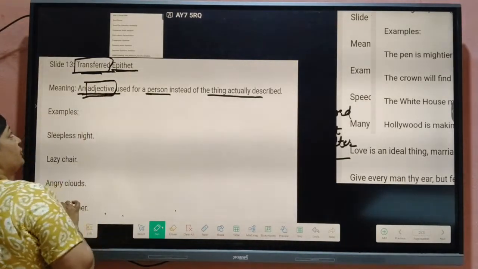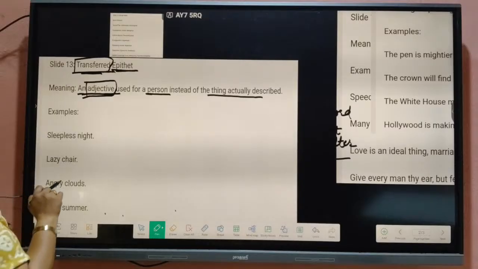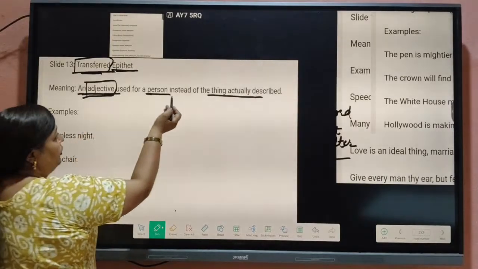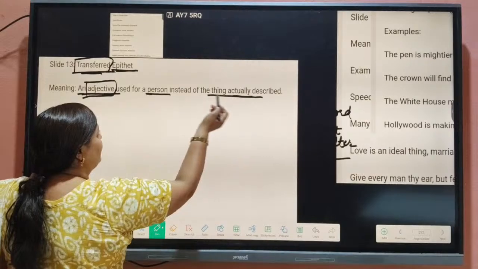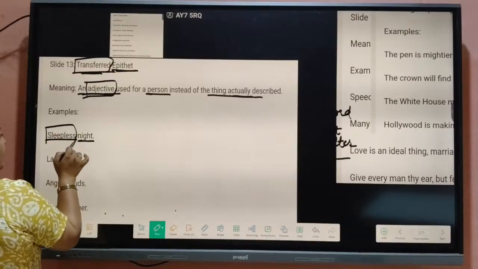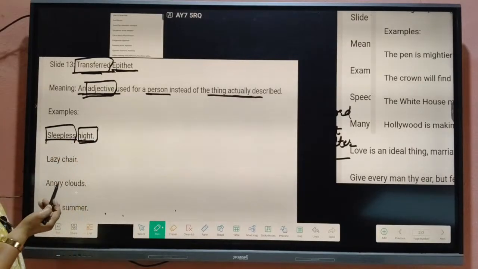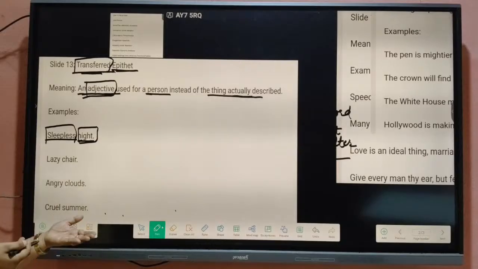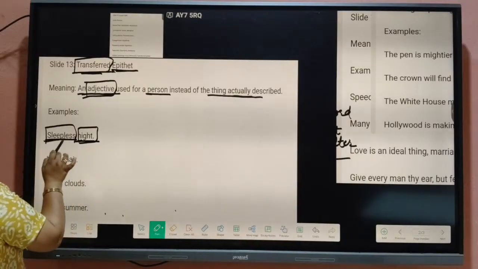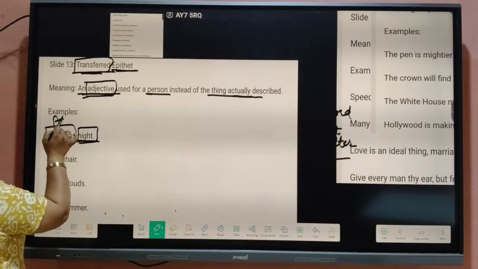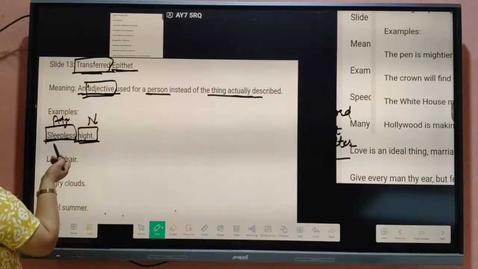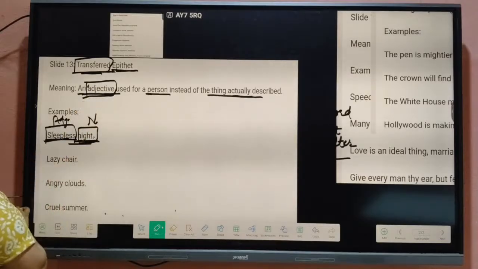If the poet is using transferred epithet, then you will find an adjective followed by a noun, used for a person instead of the thing actually described. For example, sleepless night. He is saying the night is sleepless, but night never sleeps. Here the man is sleepless, but we are using night for the person. Sleepless is an adjective, and night is a noun. In this way we are transferring a quality to a thing.